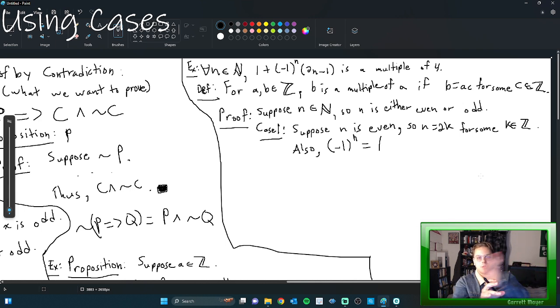Multiply by -1, it becomes 1, and then multiply by -1 again, it becomes -1 again, and it switches back and forth, so that depending on whether n is even or odd, the function evaluates to 1 or -1. In this case, since n is even, it evaluates to 1. So we have that.